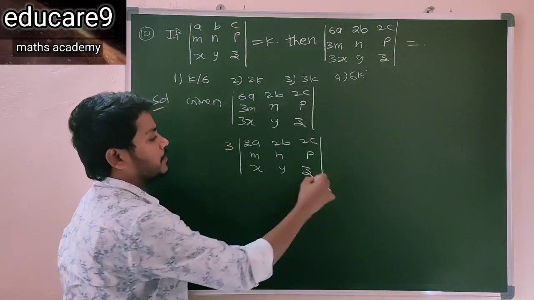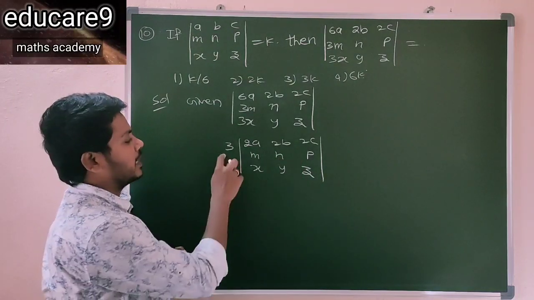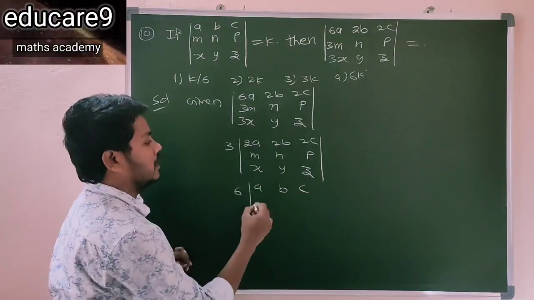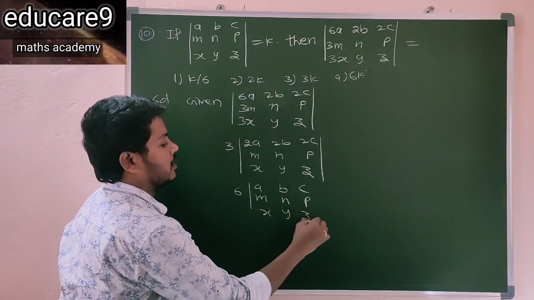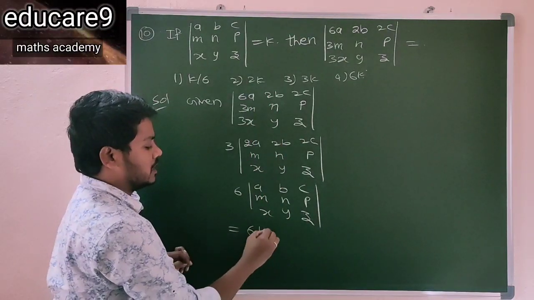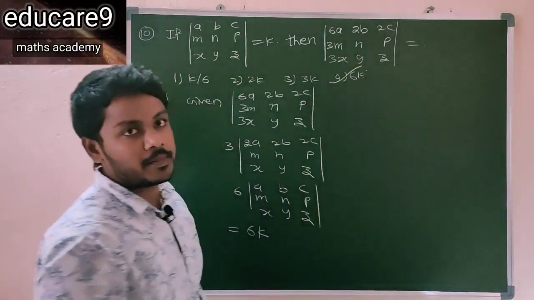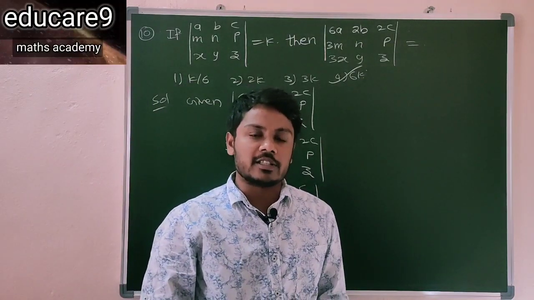And again from the first row, 2 is common. So clearly 3 into 2, that is 6, times [a, b, c; m, n, p; x, y, z]. What is this value? k. So clearly this is 6k. So clearly option 4. For the next session we will discuss more concepts and problems.